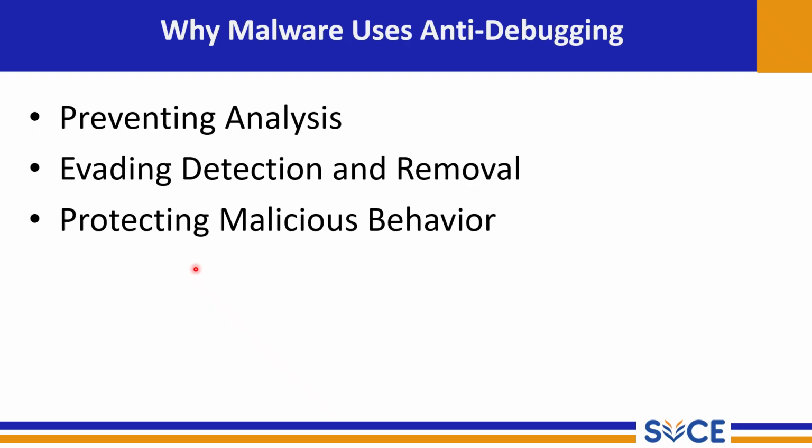By making analysis difficult, malware authors make it harder for security teams to develop effective detection and removal methods. And next, protecting malicious behavior. So malware can alter its behavior, such as performing harmless actions or closing itself if it detects a debugger.